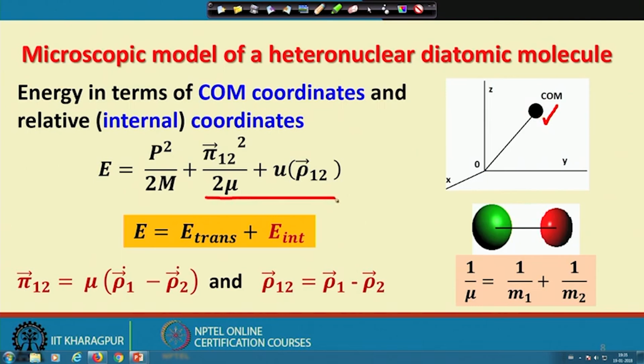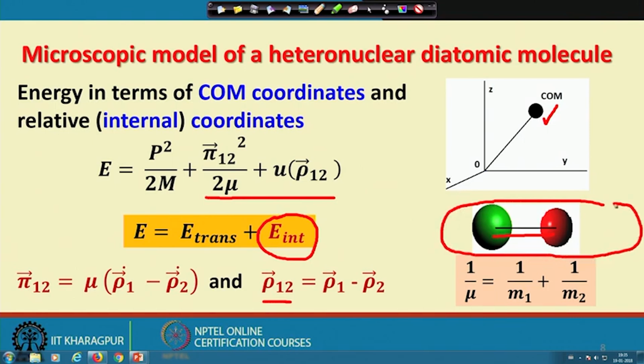I have another part which depends on the internal structure of the molecule, which is now called the internal energy in terms of the internal coordinate rho 12, which is the relative separation between the two atoms, and I find that this internal motion is now being modeled, is being approximated as the movement of a reduced mass mu about this fixed atom.